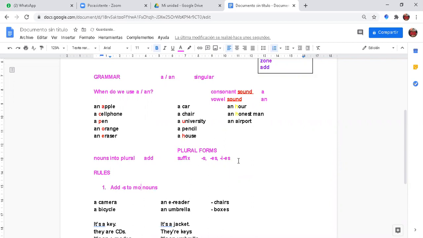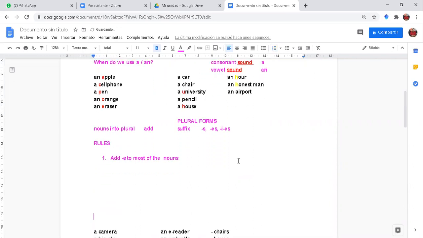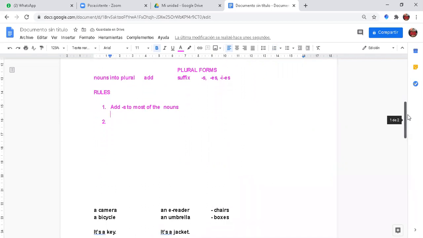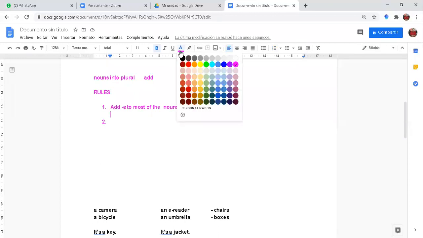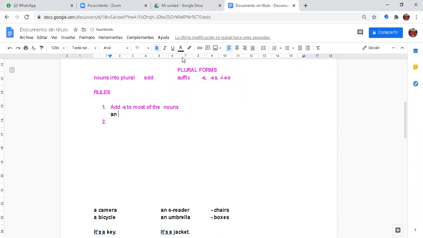For example, singular is an apple, plural is apples.